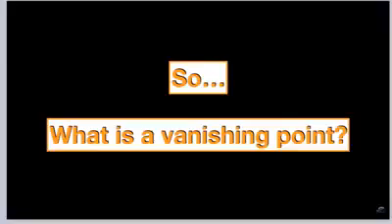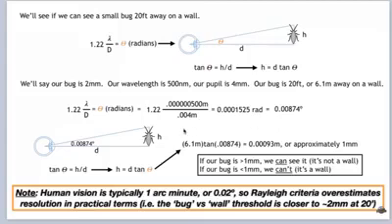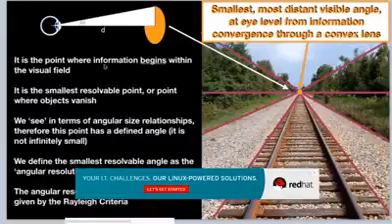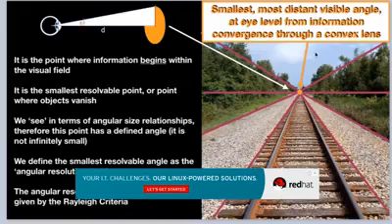So that's the basics of how this is going to be used throughout when we're estimating size and what we can see and what we can't see, okay? So what is a vanishing point? I'm going to take the things we've talked about and combine them. To me, it's the smallest, most distant visible angle at eye level from information convergence through a convex lens.